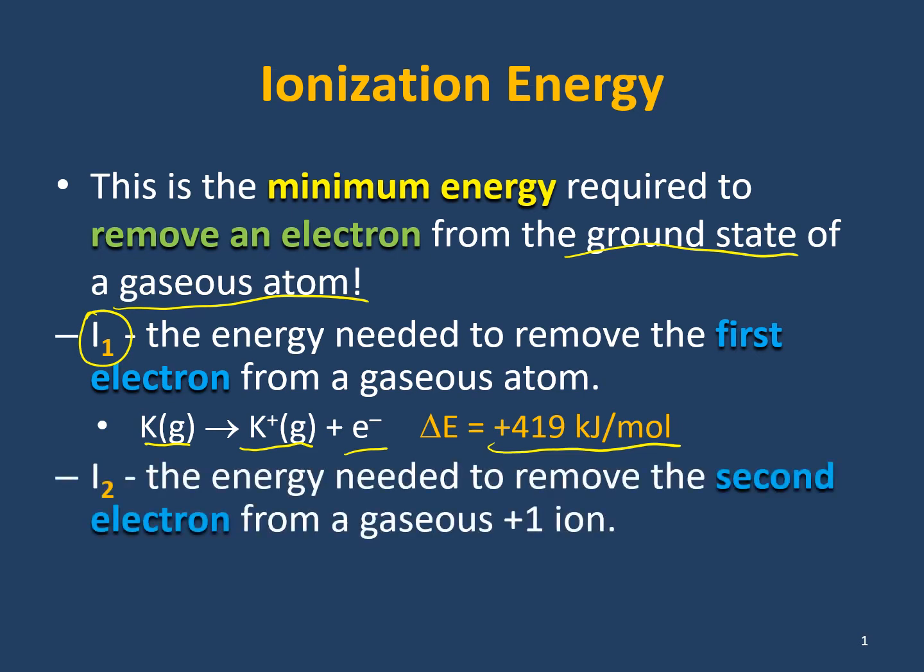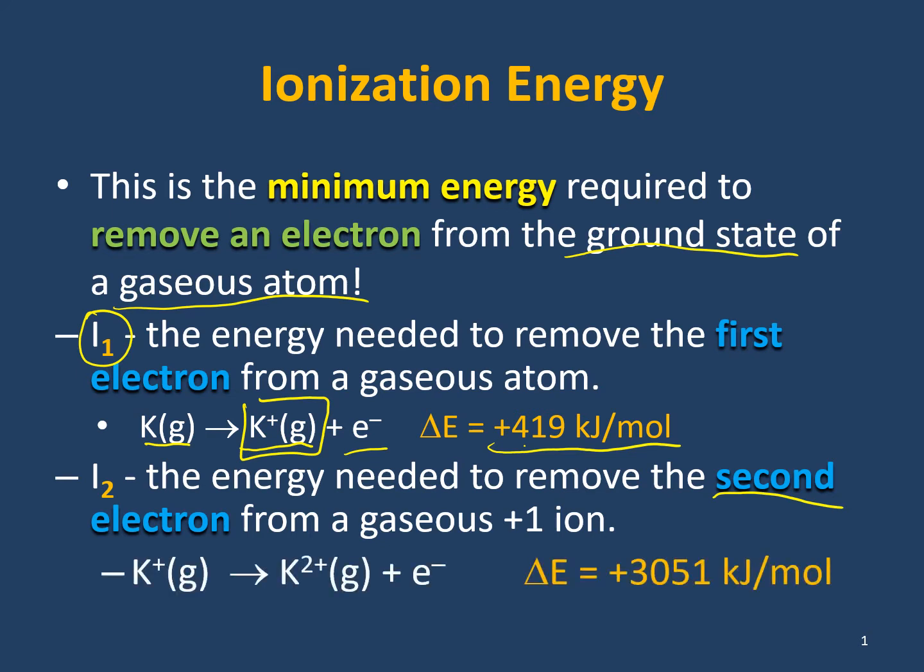I2 would be, hey, now we're going to remove another electron. In this case, we're removing it from a positively one-charged ion. So K+ goes to K2+, as another electron is removed. Notice the energy required to do that is much, much greater.